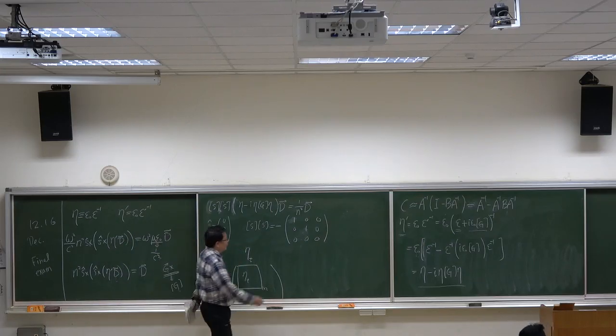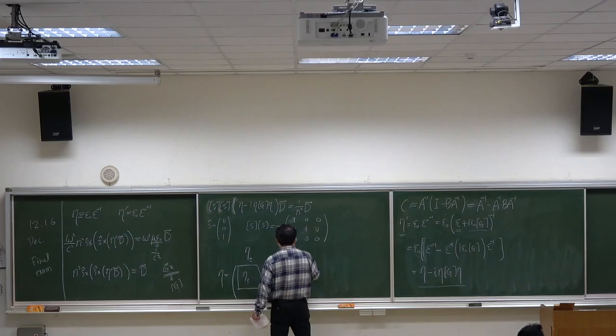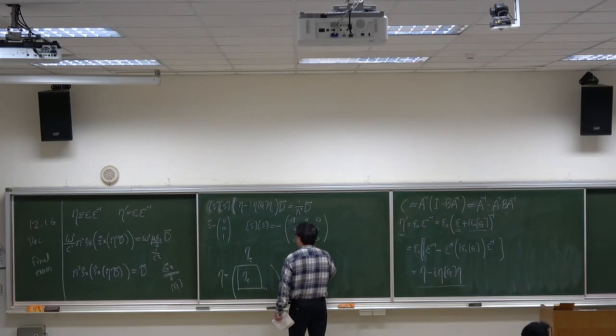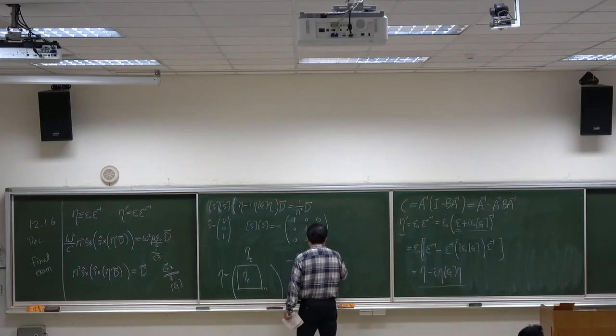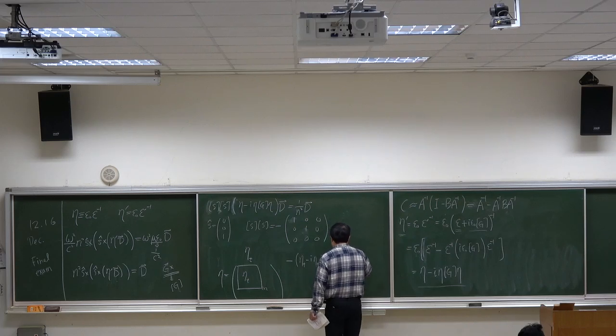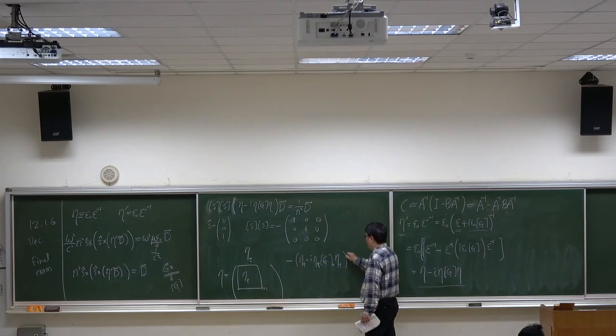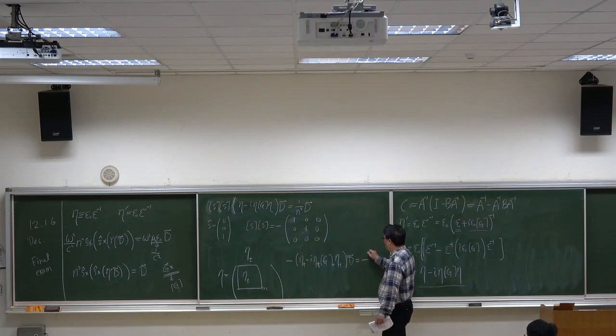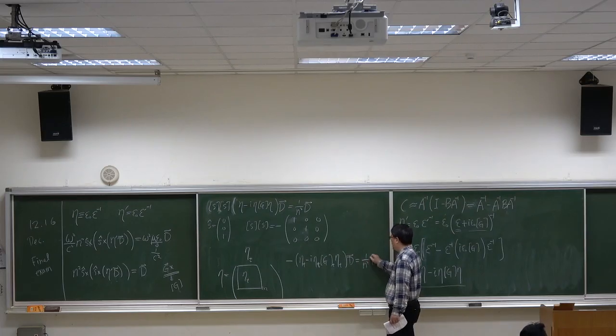Okay, so we can replace this as minus eta t minus I eta t G t eta t times d equal to 1 over n squared times d.